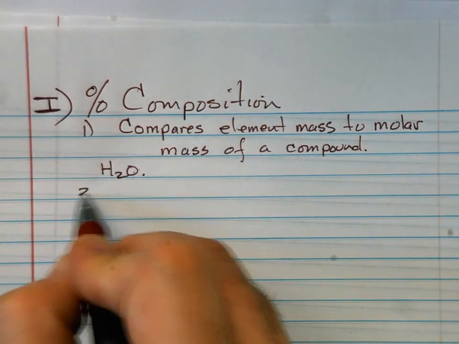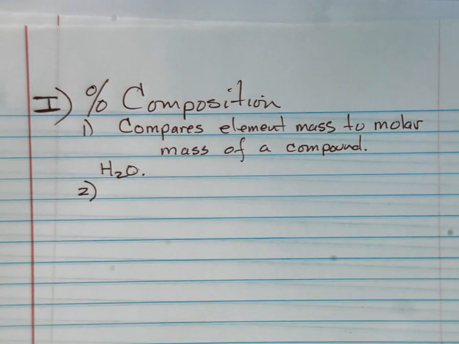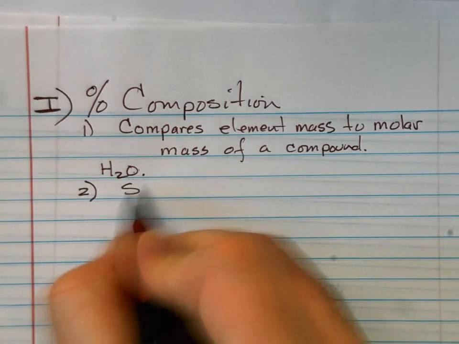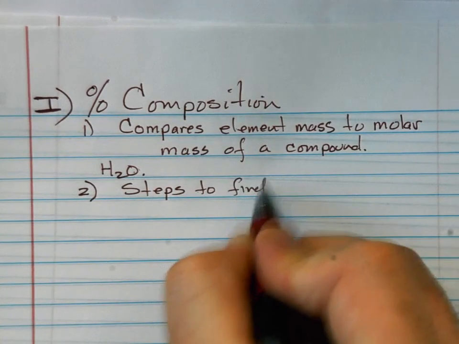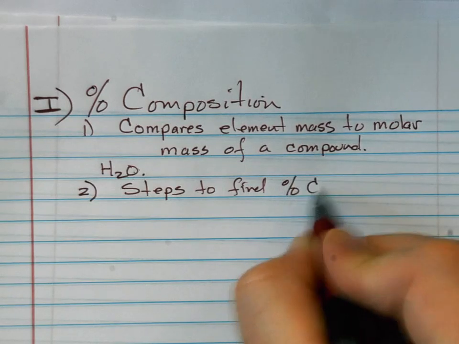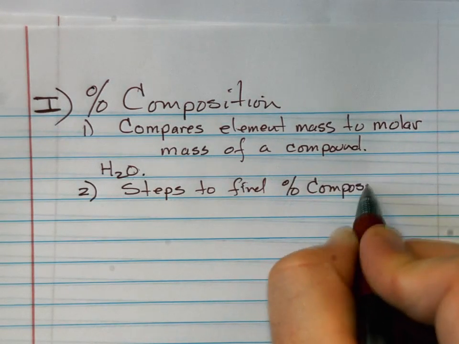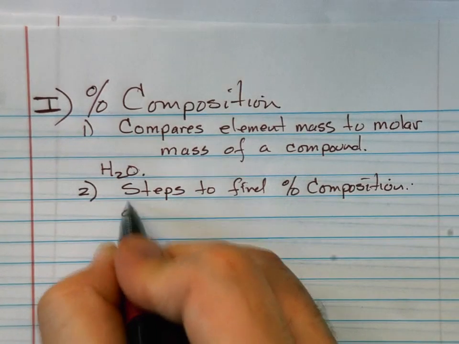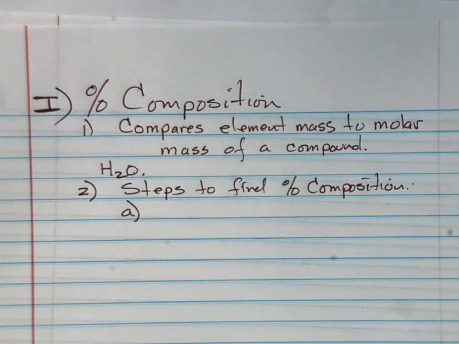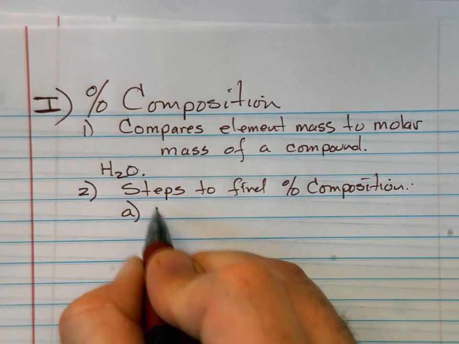Let's do number 2. Steps to find percent composition. A is going to be: find the molar mass of the compound.